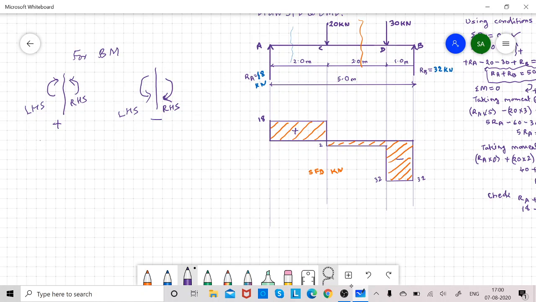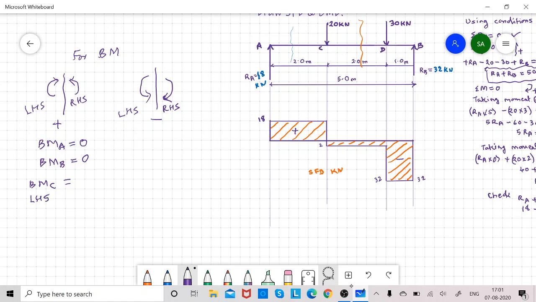Now bending moment at A, as it is a simple end support, is 0. I will repeat, bending moment at simple end support, that is here at A, 0. Similarly, bending moment at B is also equal to 0. Now let us find bending moment at C. Here I will consider left hand side.